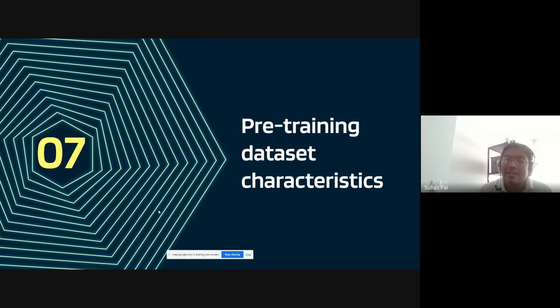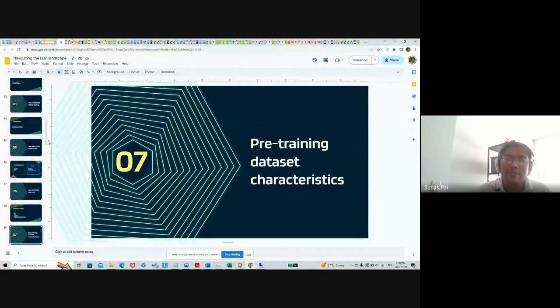If the pre-training data set is closer to your target domain, then there is a better chance of that model being good, all other things being equal, because there are other things that affect how good a model can be, for example the model capacity, how they clean the data, the training, the number of tokens that they trained on, etc. But everything else being equal, if the pre-training data set has something that you are already using, then that would be nice.